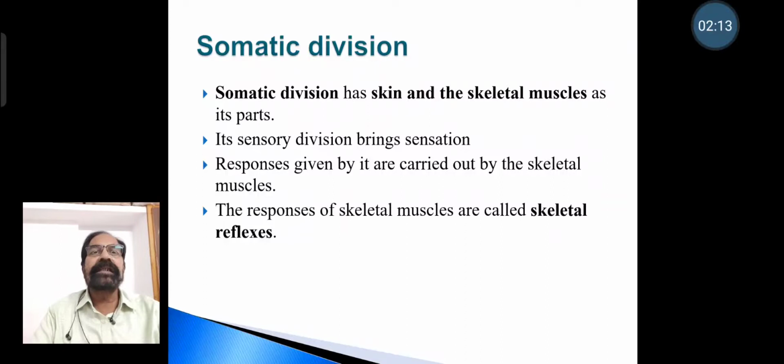The somatic division has skin and skeletal muscles as its parts. Its sensory division brings sensation. Responses given by it are carried out by skeletal muscles. The response of skeletal muscles are called as skeletal reflexes.